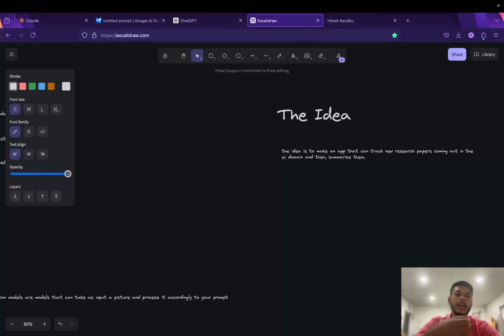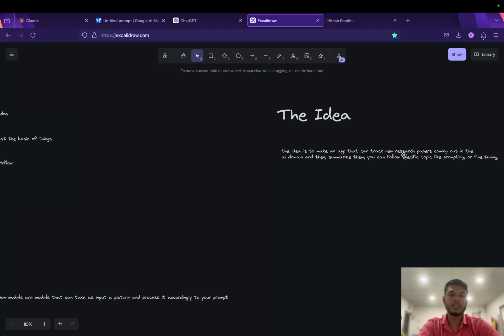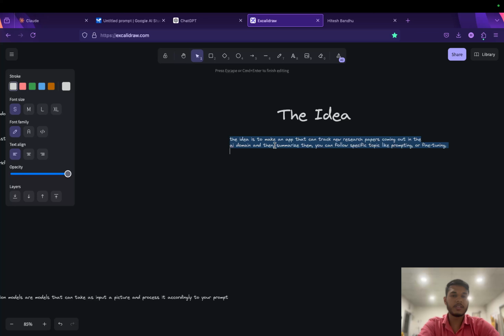You can follow specific topics, like prompting or fine tuning. So if it sees that a new research technique has come out in fine tuning, it will tell you about specific topics like prompting, fine tuning, RAG, etc. It will summarize.